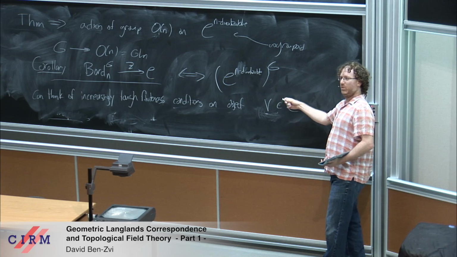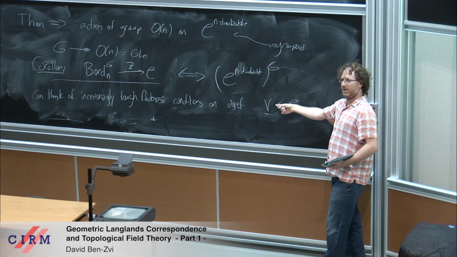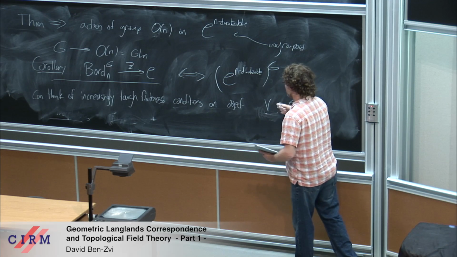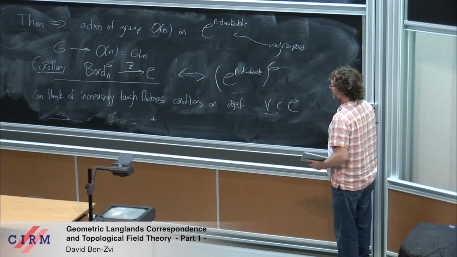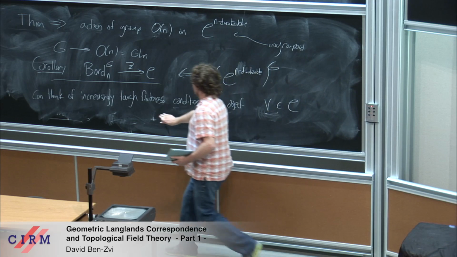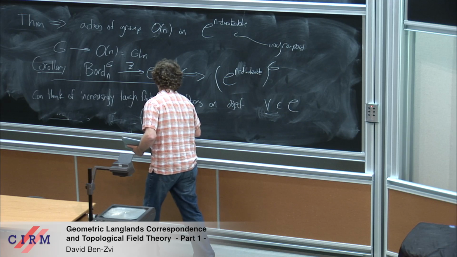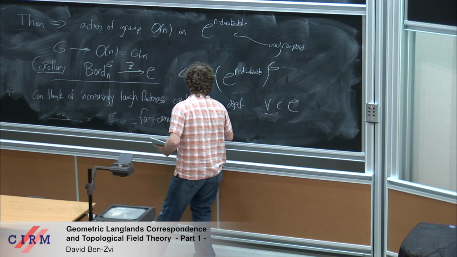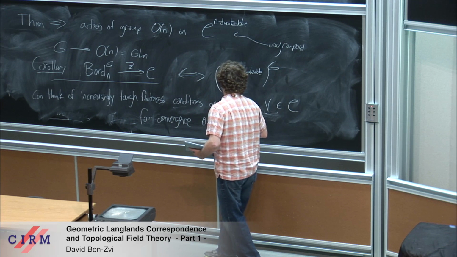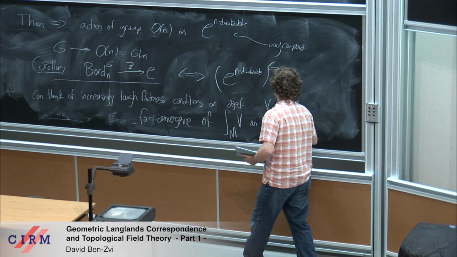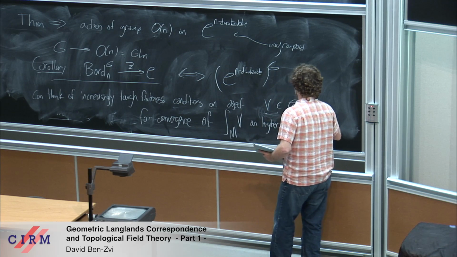I can ask for it to be 2-dualizable, 3-dualizable, 4-dualizable. So I have this sequence of more and more tough finiteness conditions, which you can think of as convergence conditions, convergence of this operation, the integral over M of V, on increasingly higher dimensional manifolds M.